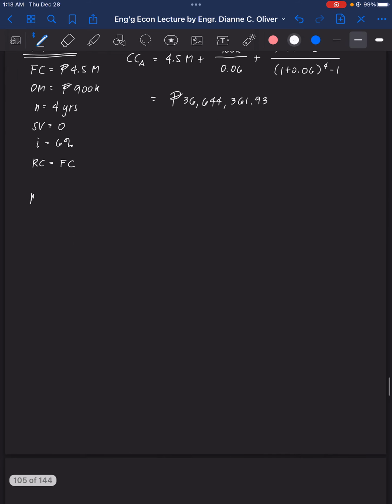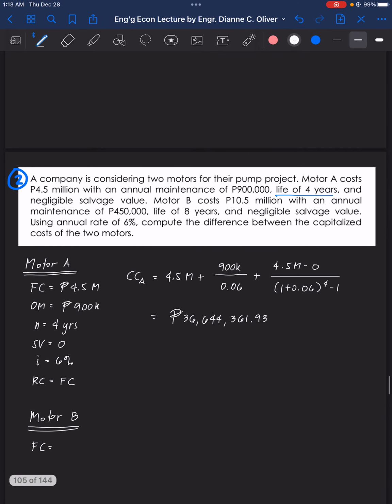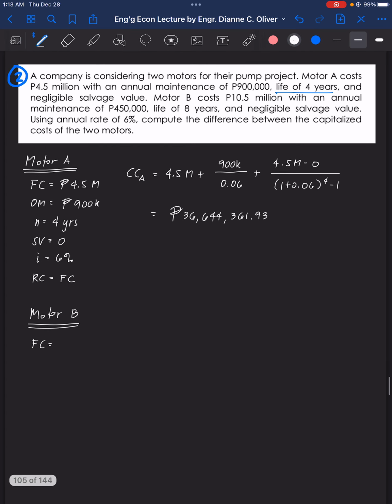Now for motor B, its first cost is 10.5 million pesos with an annual maintenance of 450K.